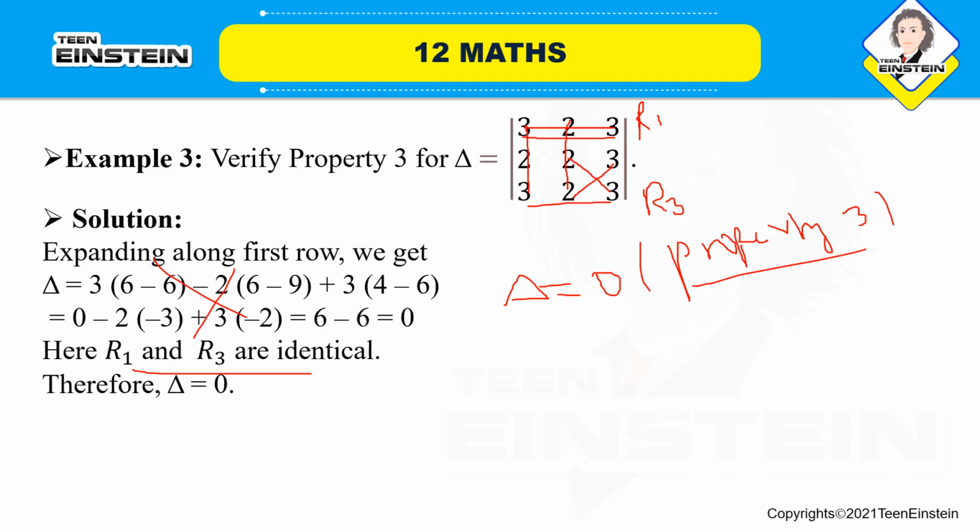You can write it directly without expanding anything, right? So properties make the computation easy, right?